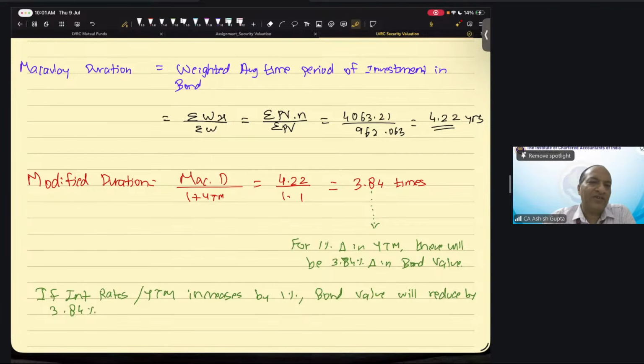Now, so far as security valuation is concerned, it is another very important topic, because nowadays many chartered accountants are in the field of valuation and are practicing as valuers. In this, the bond is one of the very important topics, because in India even the government is promoting the bond market.